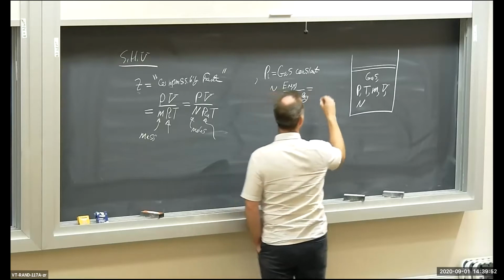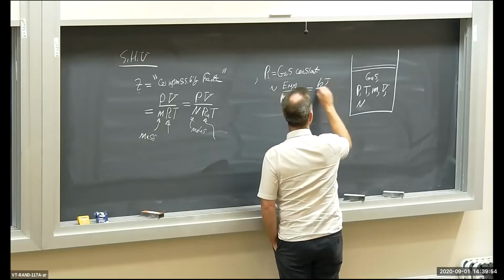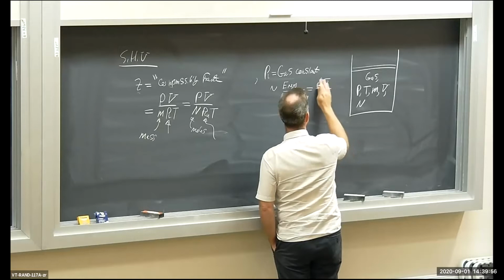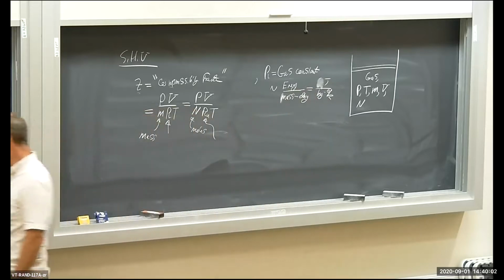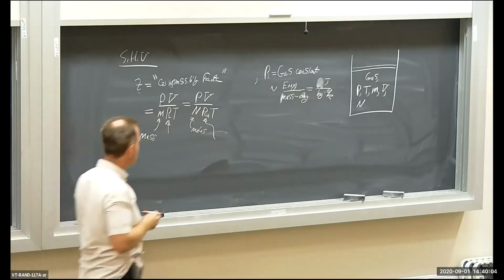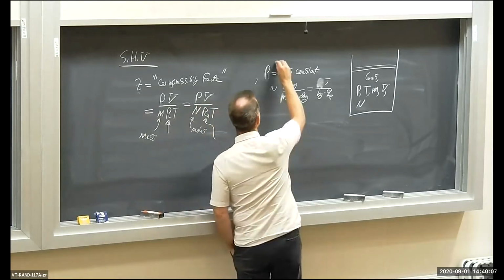In metric, it would be, let's say, kilojoules or joules per kilogram per degree Kelvin. That's what it would be in metric. So R is the gas constant and is material dependent.